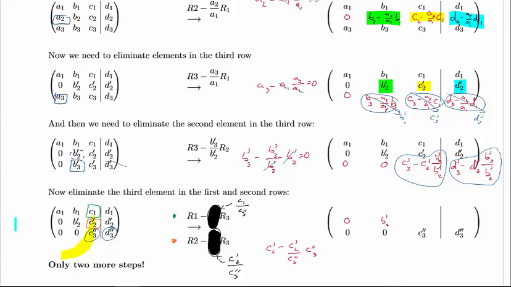And so C3 double prime over C3 double prime is 1, C2 prime minus C2 prime, the whole thing equals 0, and that's what we write right there, which is what we wanted.